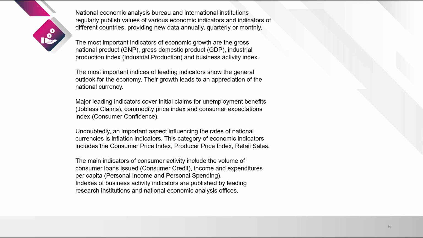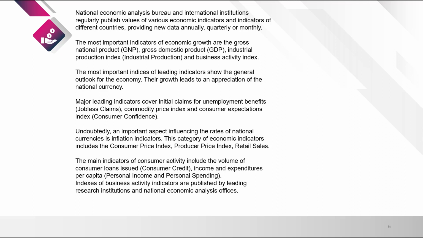The most important indices of leading indicators show the general outlook for the economy. The growth leads to an appreciation of the national currency of that country. Major leading indicators cover initial claims of unemployment benefits, jobless claims, commodity price index, CPI, and consumer expectation index, which is the consumer confidence.